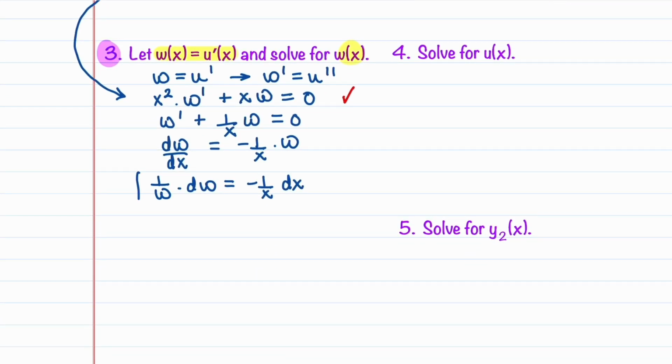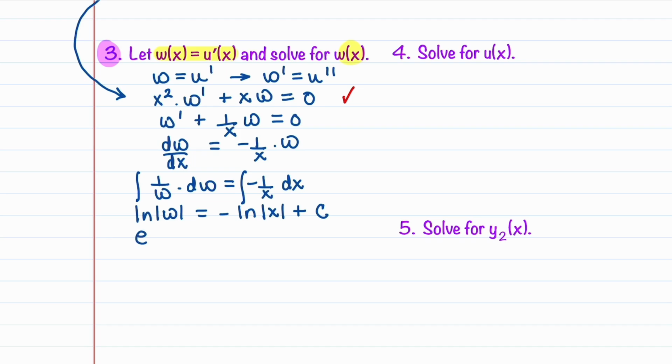Let's integrate both sides, and we end up with natural log absolute value of w is equal to minus natural log absolute value of x plus an arbitrary constant c. There are a number of ways we can solve this. I am going to exponentiate each side of our equation so the natural log can go away.